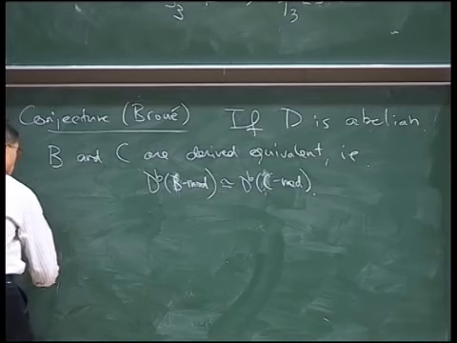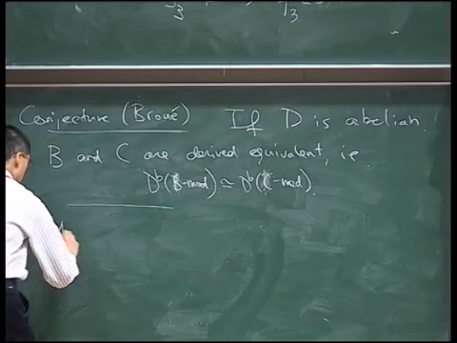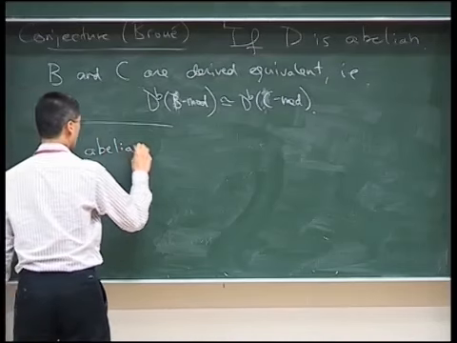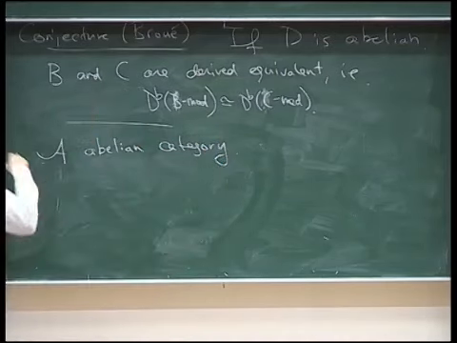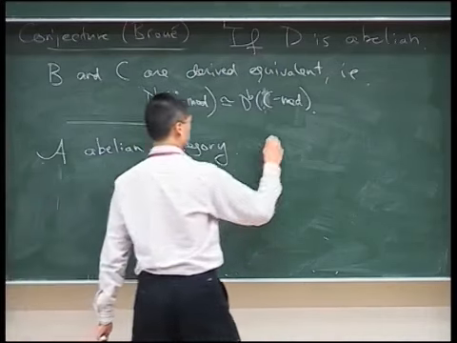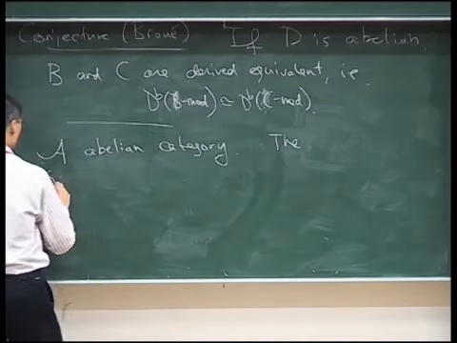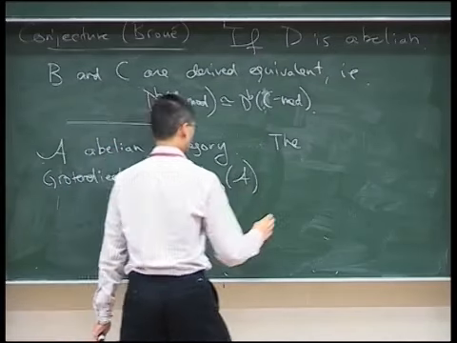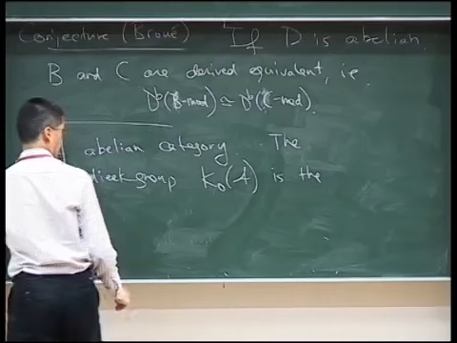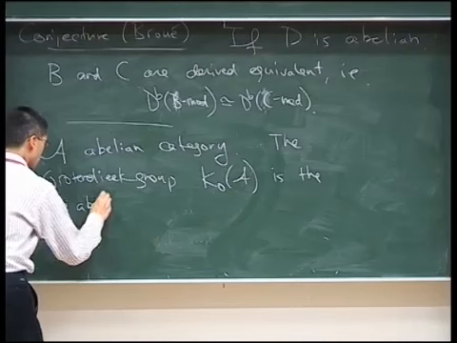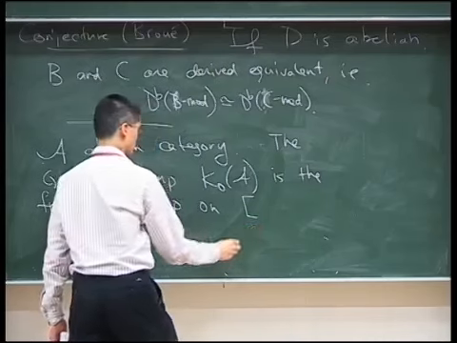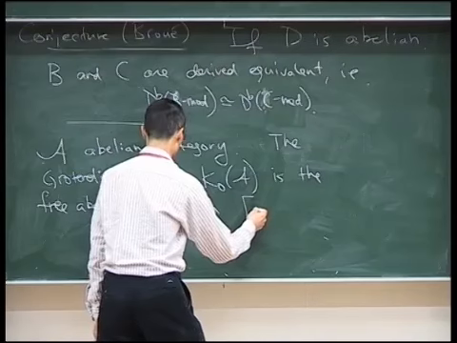So let's recall that given an abelian category A, we define the Grothendieck group as follows: we take the free abelian group on all the objects of A. And we associate to each object a corresponding symbol in the group.